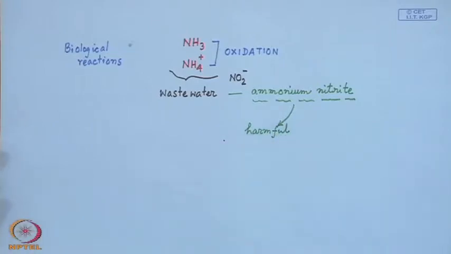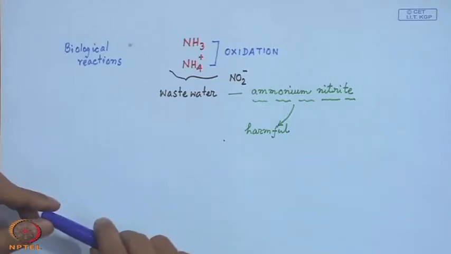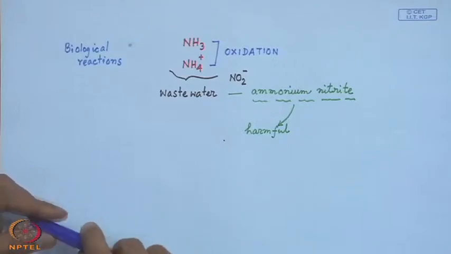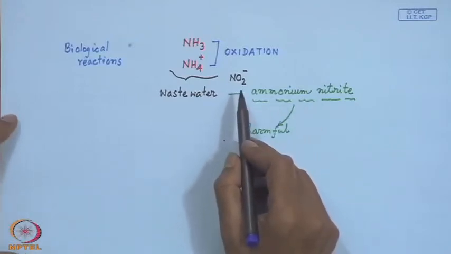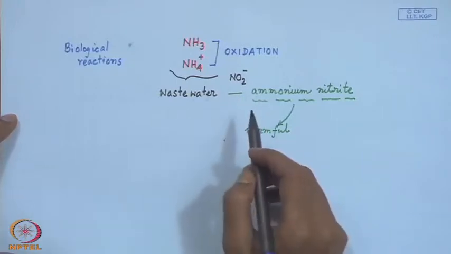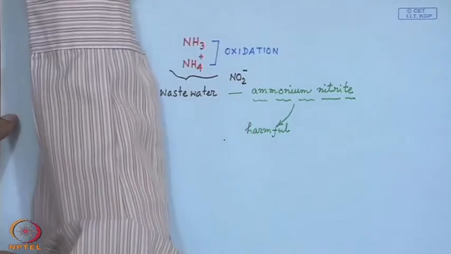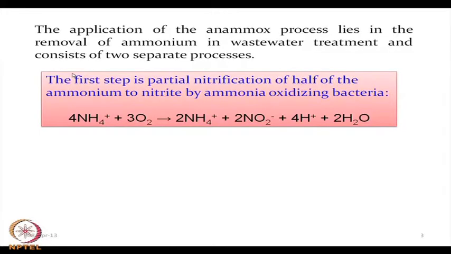to living organisms, and they can contribute to some other important reactions which are mainly controlled by the presence of the ammonium ion as well as the nitrate ion. So, if we take the typical anaerobic ammonium ion oxidation, and just consider one such reaction where ammonium ion is taken care of, in the first step, a typical reaction we can have is the partial nitrification of half of the ammonium ion to nitrite by ammonia oxidizing bacteria.